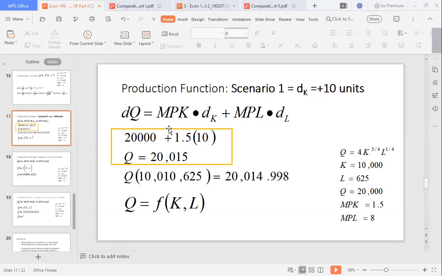That is your MPK times 10. So times 10, this is the change in K, or this is dK. And your output now is equal to 20,015. So that is the first method.